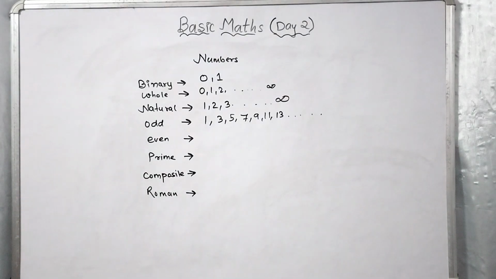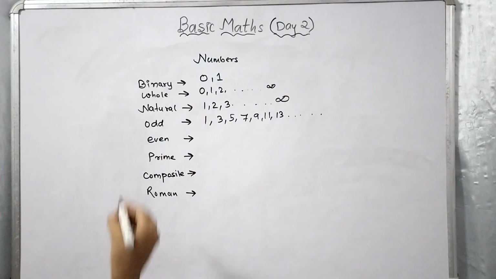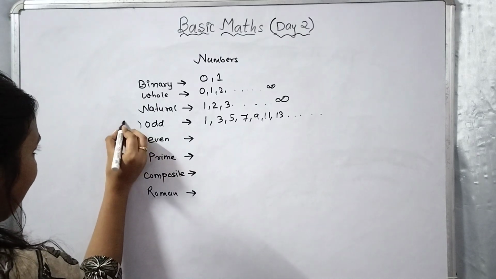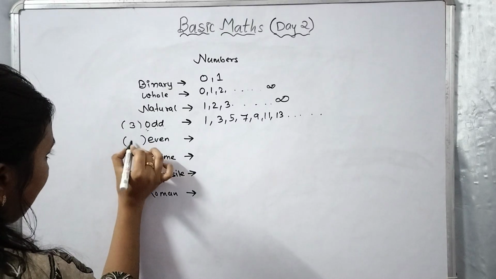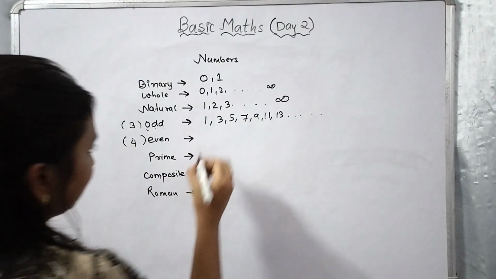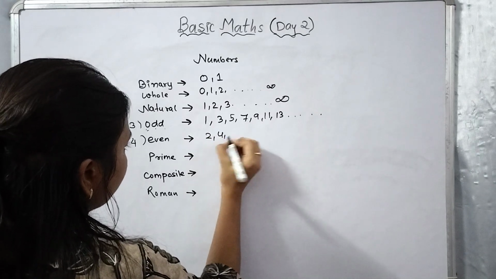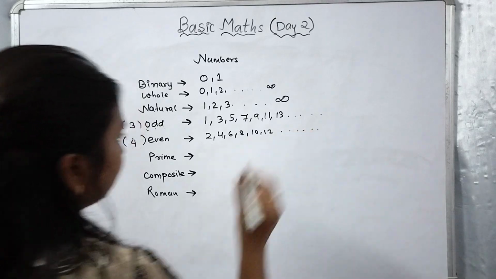There might be a confusion about which one is called odd and which is called even. So you can see that ODD has 3 letters, and EVEN has 4 letters. So 3 is odd, 4 is even. What is even? That is a multiple of 2. 2, 4, 6, 8, 10, 12, and it keeps on increasing.